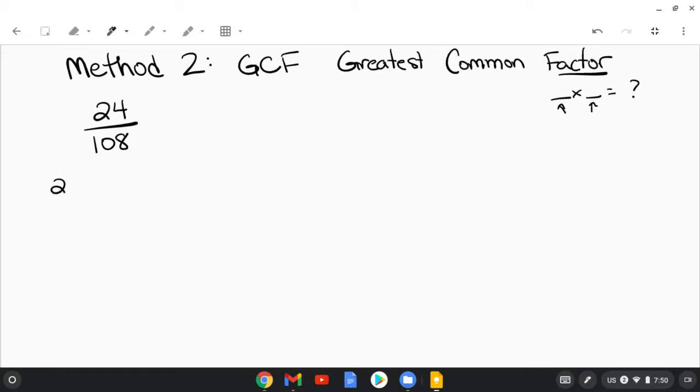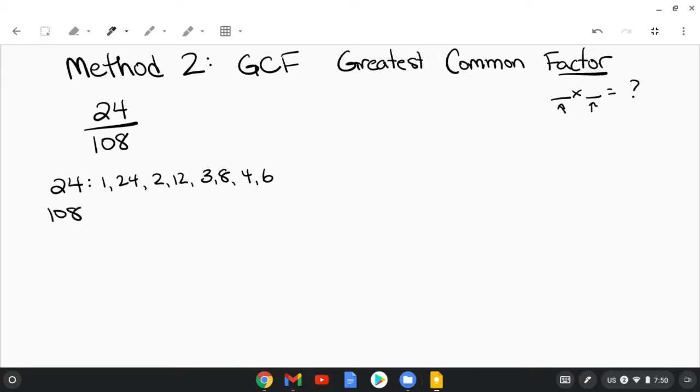So what are the factors of 24? Well, the factors of 24 are 1 and 24, 2 and 12, 3 and 8, 4 and 6.